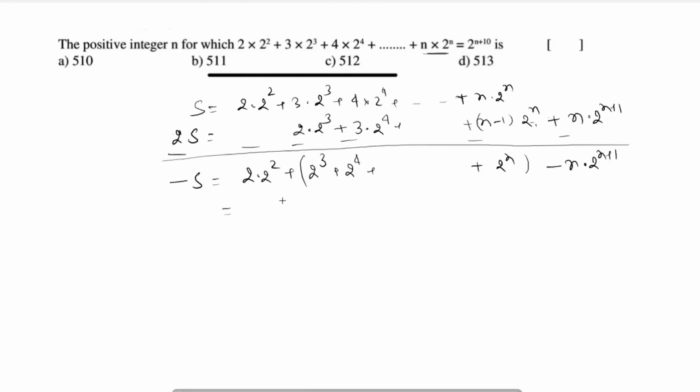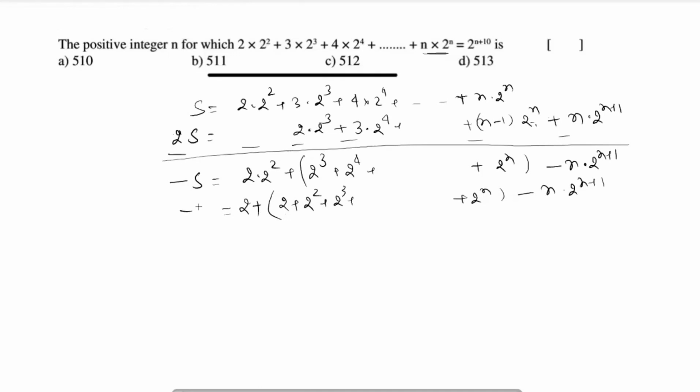Can I write this as 2 plus 2 square plus 2 cube, so that this entire thing becomes 2 to the power n? What I've added is 2 plus 2 square, which is 4 plus 2, 6, and here it is 2 to the power 2, 4 into 2, 8. So I'll just write 2 plus here, and into 2 to the power n plus 1.